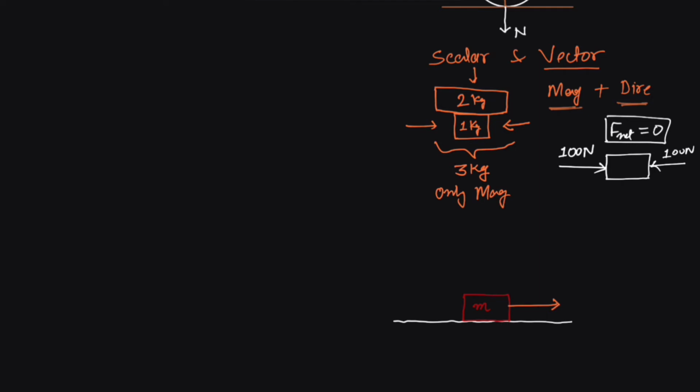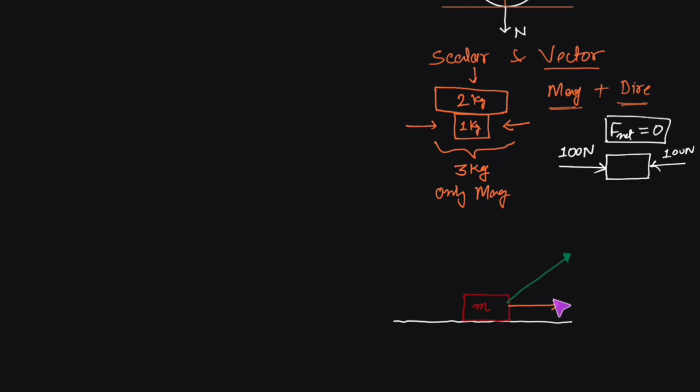Or we don't know if it would be minimum, but we can apply force in this direction and the block would start moving if force is sufficient to counter friction force. Or most commonly we tie a string and we pull any object or block normally in this direction. So when we pull the object in this direction, does this object move in this direction only? No, it moves in this direction normally.